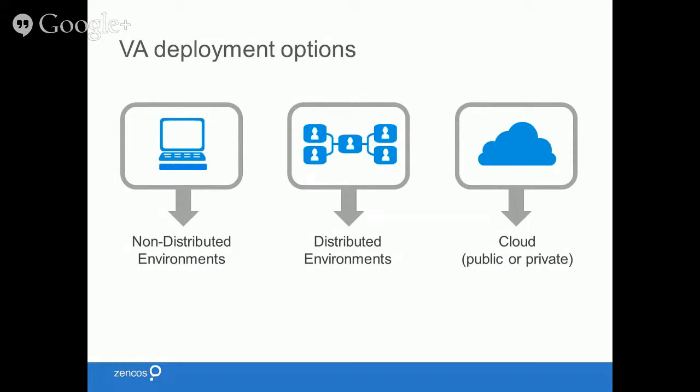And then you have what's referred to as a cloud implementation, which I'm sure everybody knows about clouds now. Both from a public and private perspective, you have the ability to deploy visual analytics. SAS's hosting facility supports a cloud deployment of visual analytics. You can also implement visual analytics in cloud environments such as AWS.